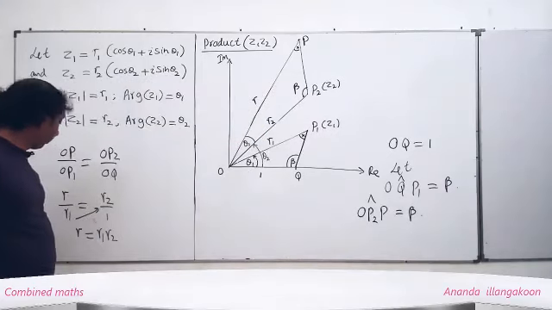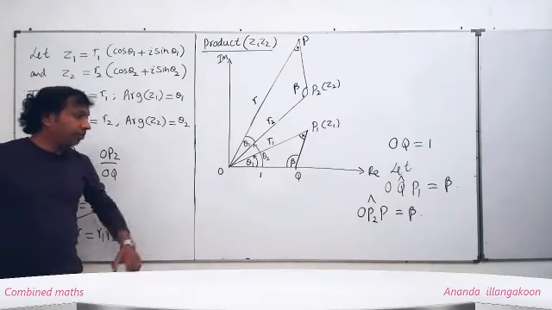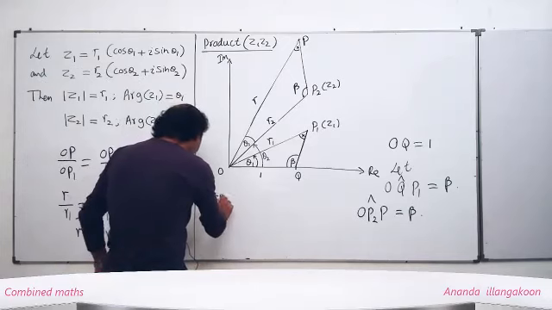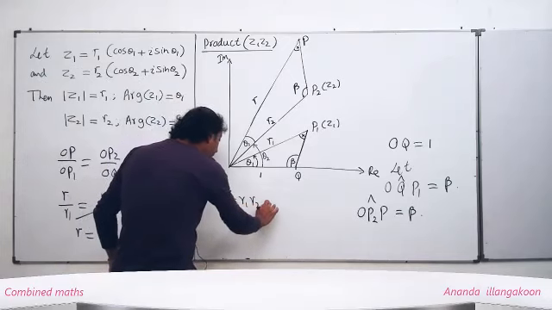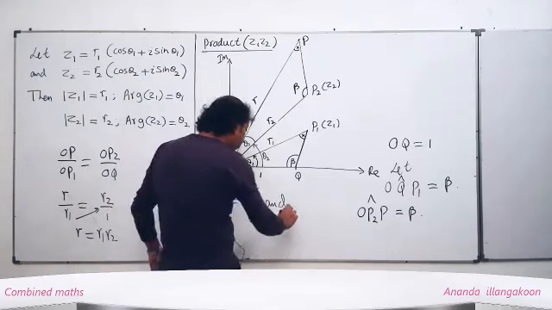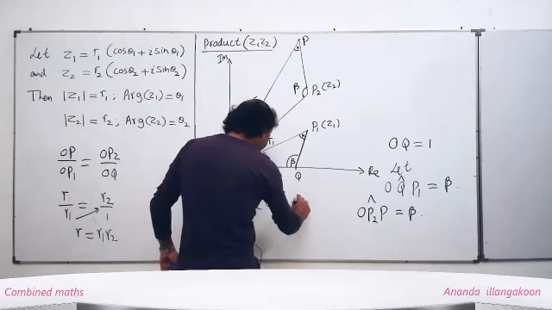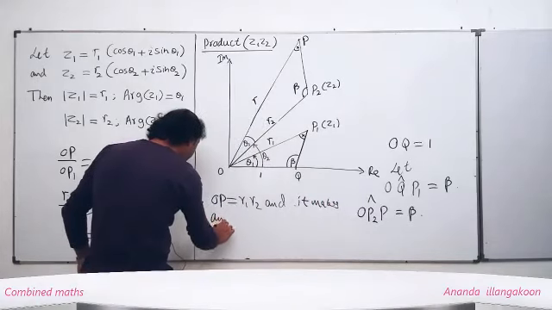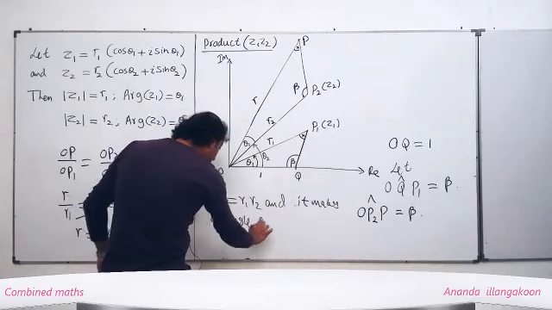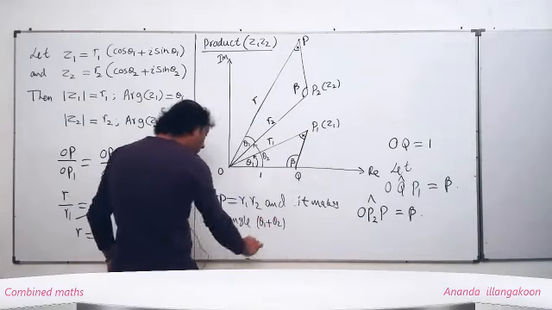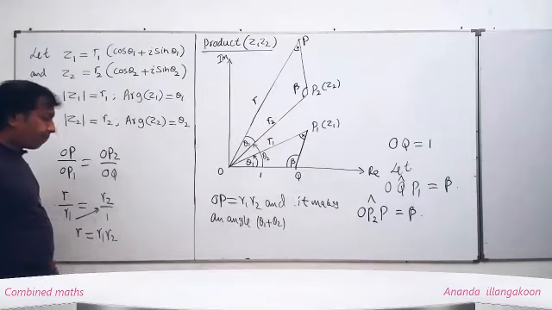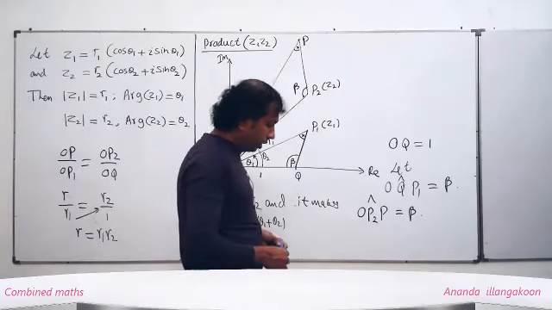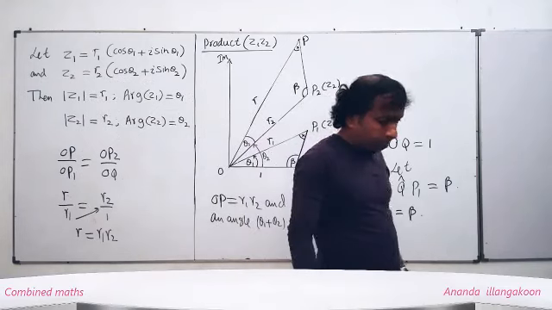Then you can write the last sentence. OP equals R1 R2, and it makes an angle theta 1 plus theta 2 with positive real axis in anticlockwise sense.